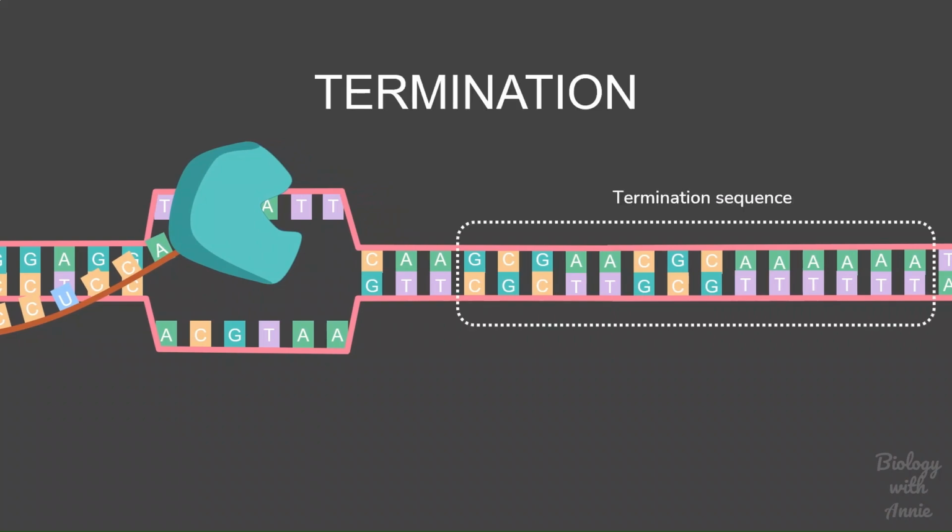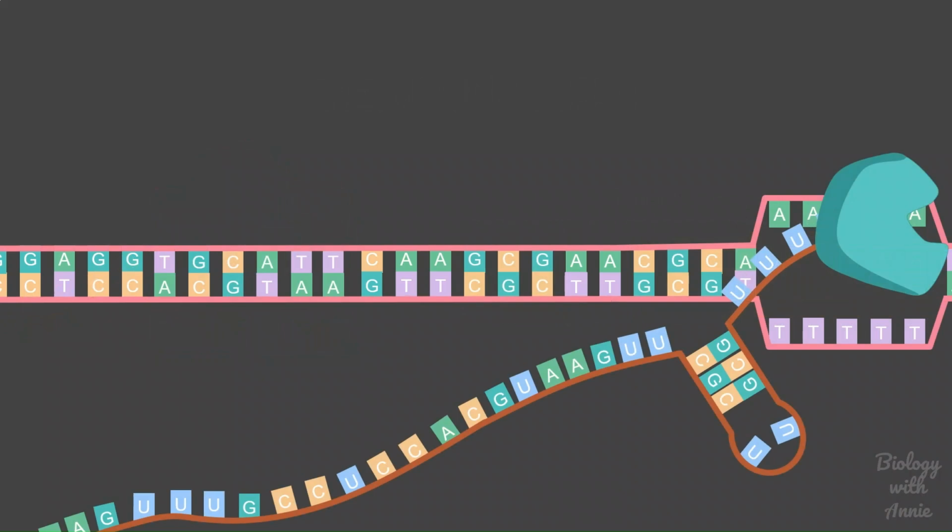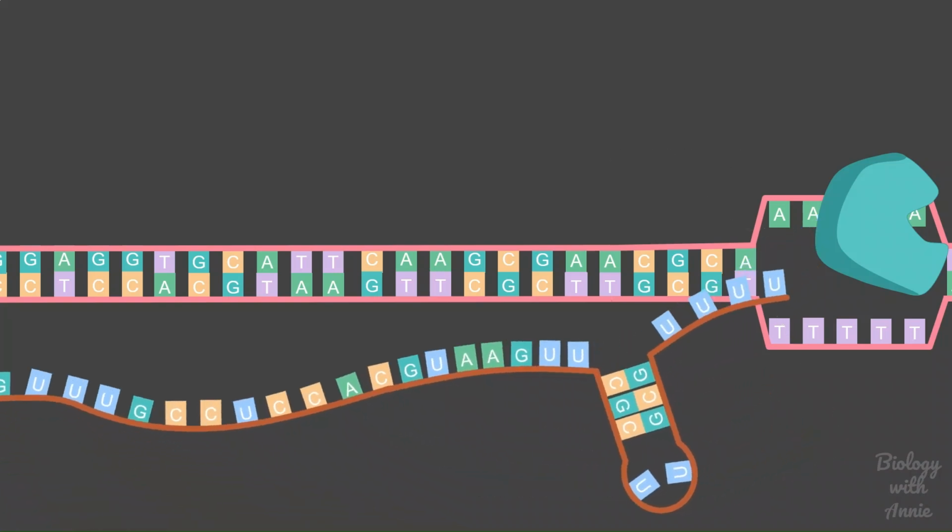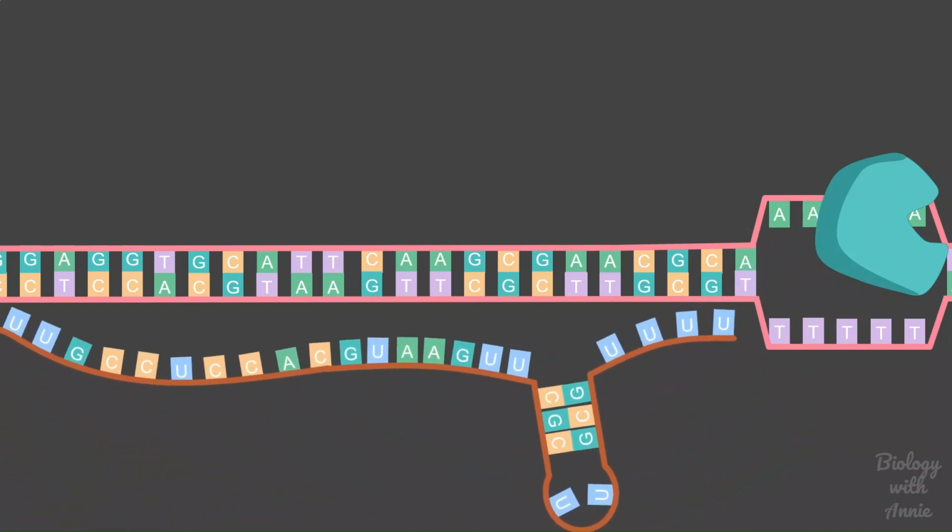The termination sequence consists of sequences that incorporate a GC-rich region and multiple uracil nucleotides into the RNA chain. Since guanine is complementary to cytosine, the mRNA forms a structure called a hairpin loop which temporarily pauses the RNA polymerase. This pausing, coupled with the weak adenine-uracil bonds, causes the mRNA to fall off. This mode of transcription termination is known as intrinsic termination.